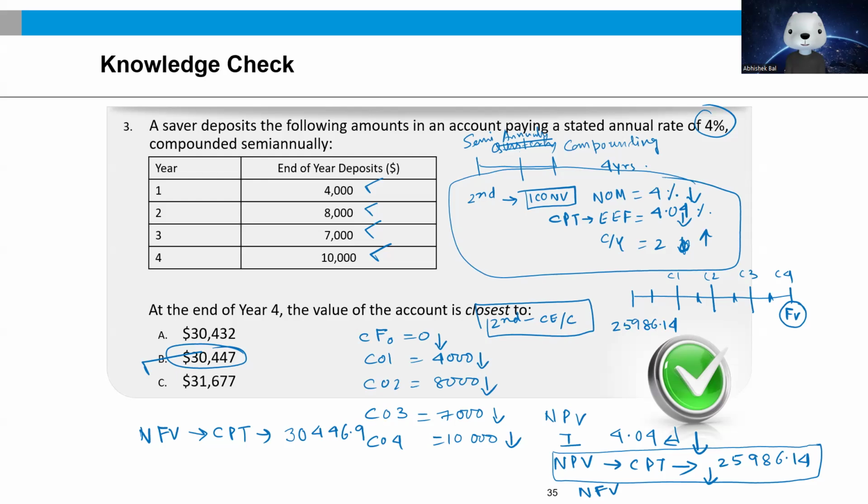Now, I want you to do a small experiment. You could take this 1.04, this 4.04%, that is, and compound this 925,986.14 for 4 years and see the result for yourself.